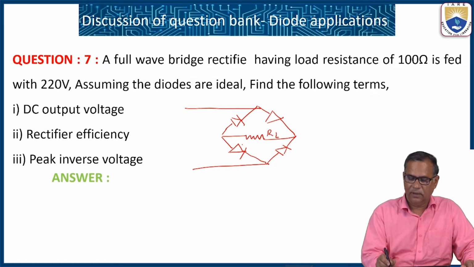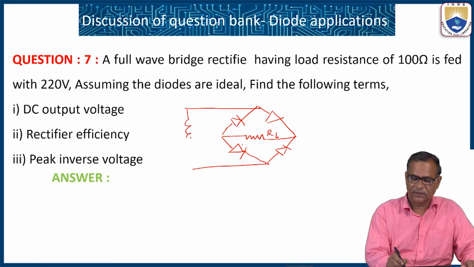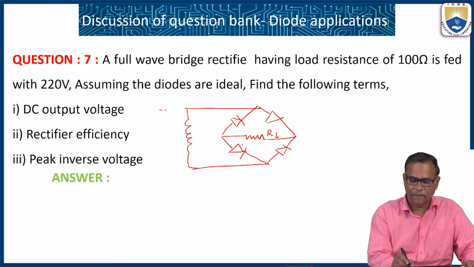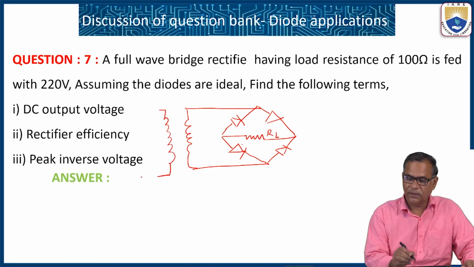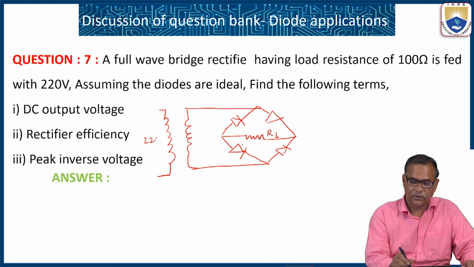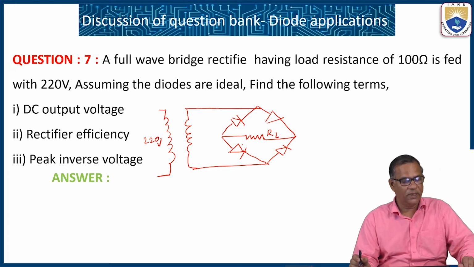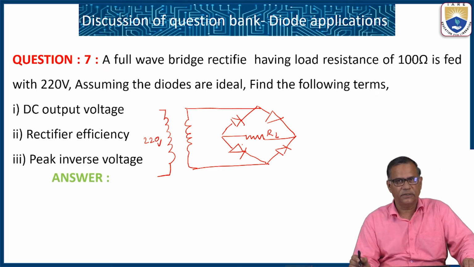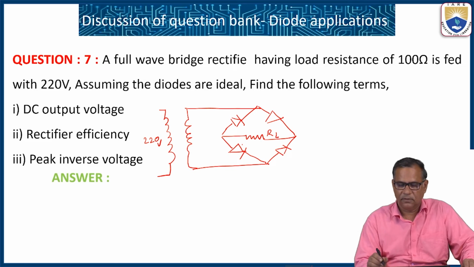This is RL, and this is the transformer secondary winding which feeds the 4 diodes. Now in this problem, the primary voltage is 220 volts. Now let us assume that the transformer turns ratio is 10.